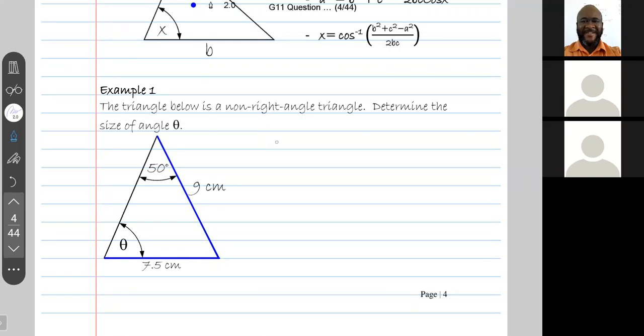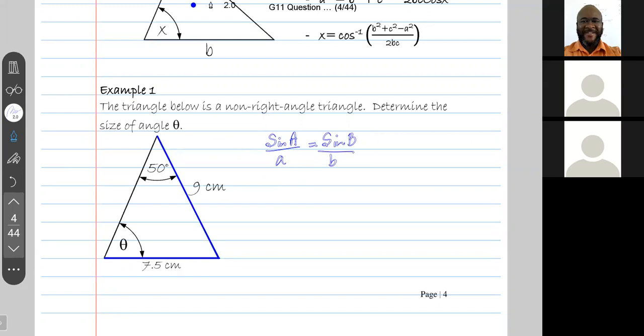So the sine rule is A over sine A. Sorry, using the next version of it, is sine A over A is equal to sine B over B. It's sine big A over little a is equal to sine big B over little b.